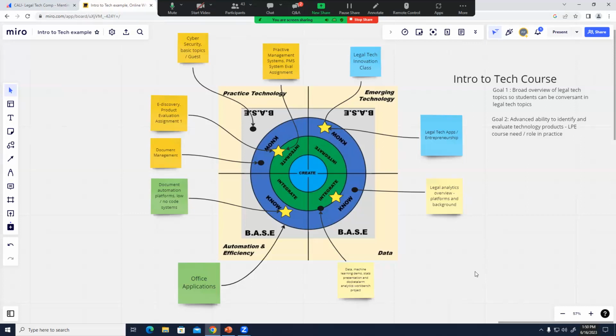So this is how I mapped out my class, with know-plus at practice technology and know right on the line for data, and then mapping my different lessons this way. One side of the sheet is blank and there's an example for the intro to legal tech class on the back. Yeah, I think it's the same example. Just a different one.